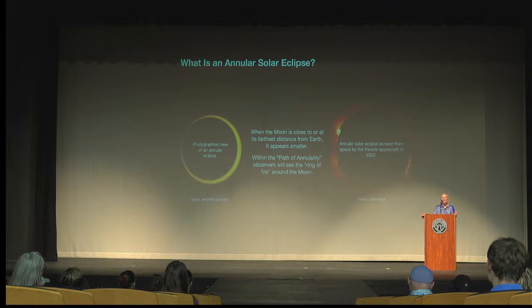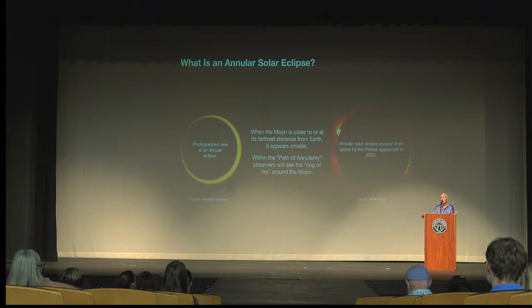So you get a ring of light around the edge of the moon. And the ring is actually called an annulus from the Latin word, which means ring. And so people have coined the term ring of fire eclipse to refer to this type of eclipse.